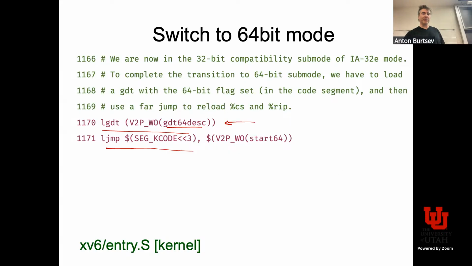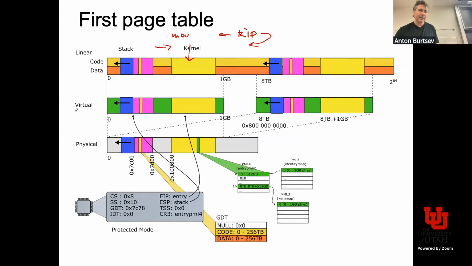But the instruction pointer is still pointing at 1 megabyte plus a small delta. Make sense? Now paging is on, so the whole translation level kicks in. If you suddenly don't have this entry mapped, what happens?